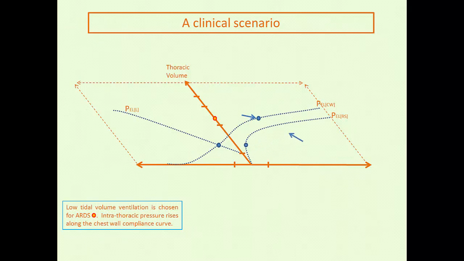If you were interested in what would happen to the airway pressure during this breath, this is the elastance curve for the respiratory system. So this is sort of a summative curve for both the lung and the chest wall.